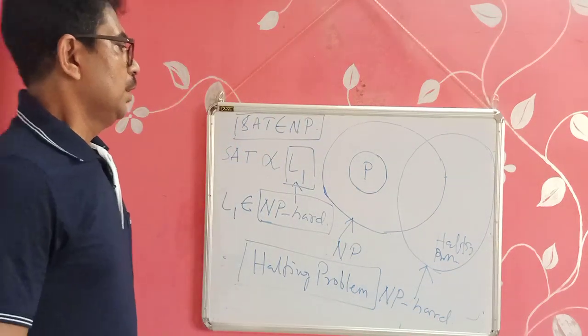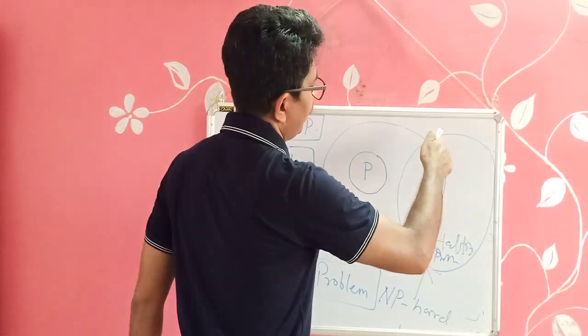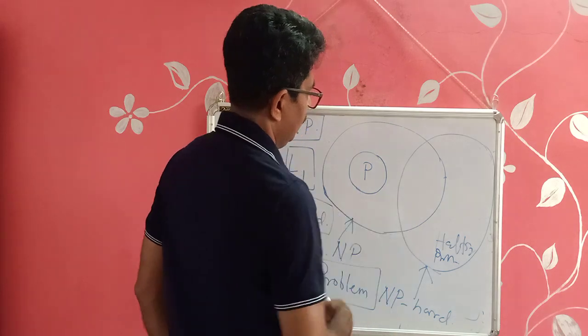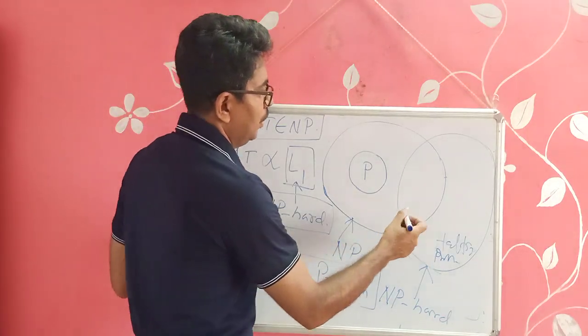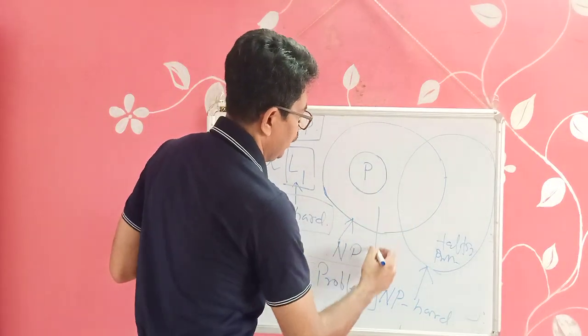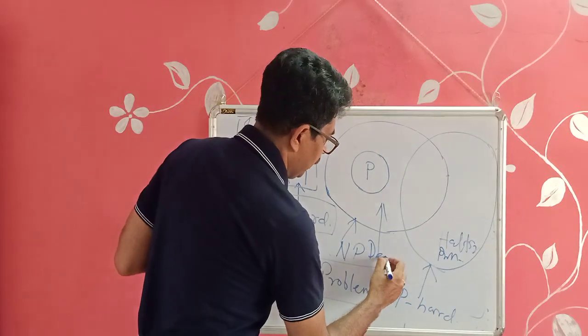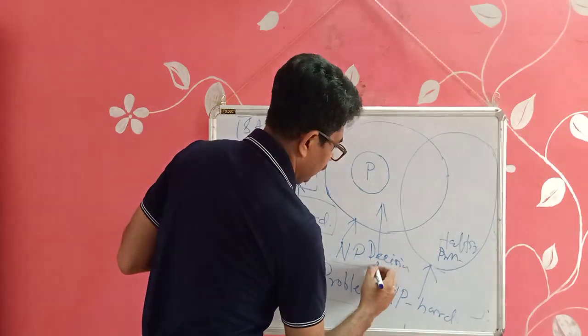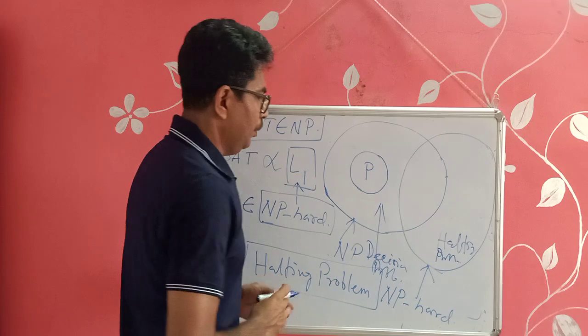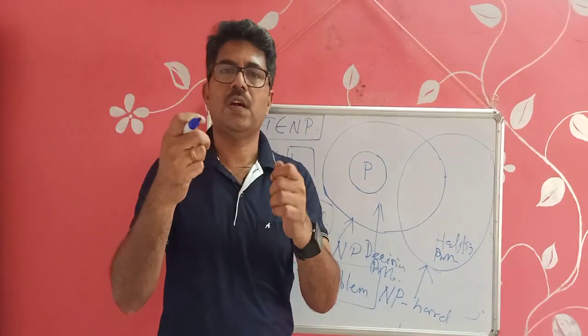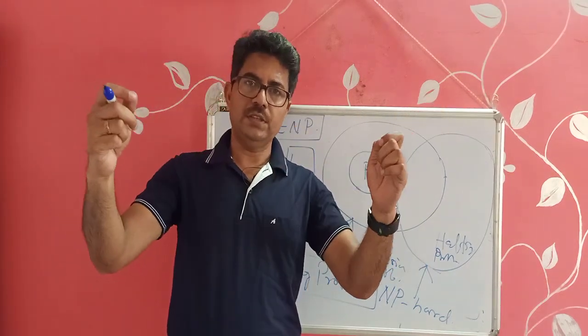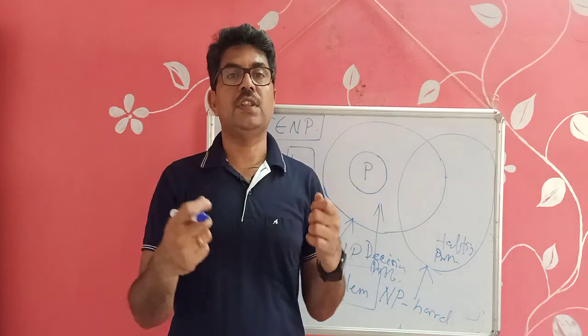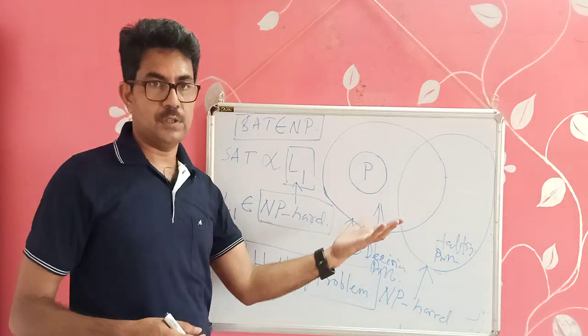Similarly, here in NP, this class is defining the decision problem. Think about that. Non-deterministic means we are just considering one instance or one input, and we are checking whether it is giving us the true value or false value.